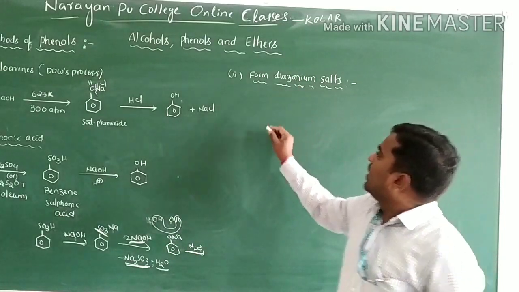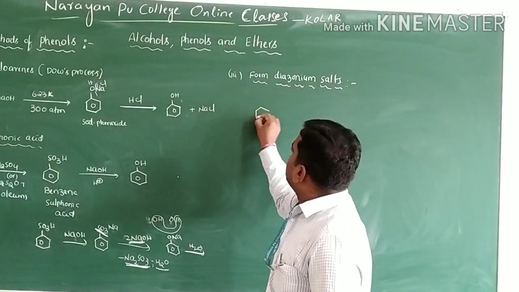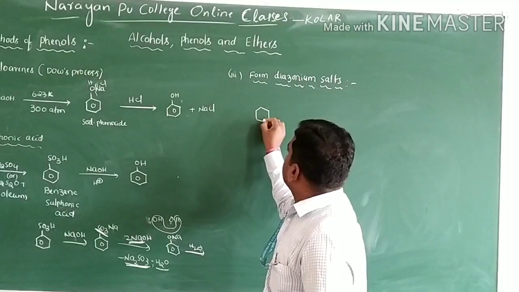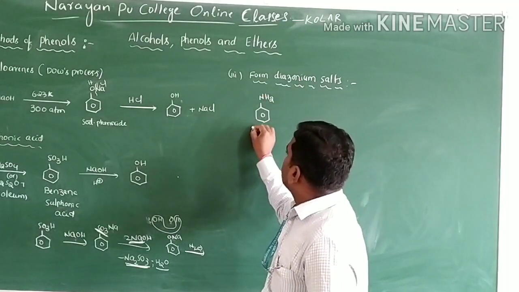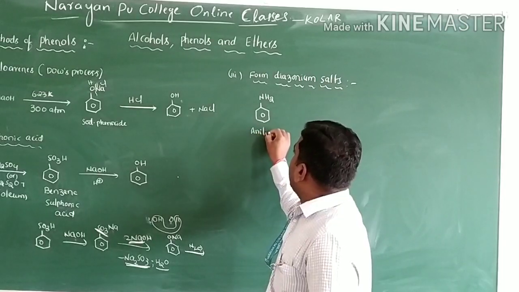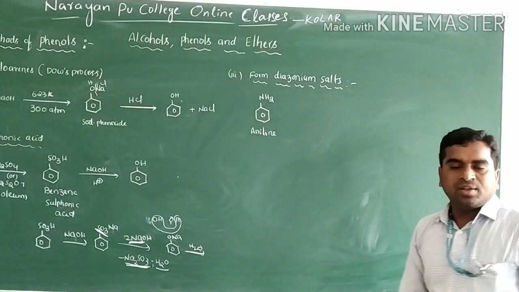And here, how to prepare benzene diazonium chloride, we have already discussed: we take aniline. What is the name of this compound? This is aniline.